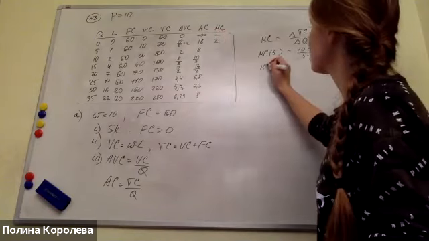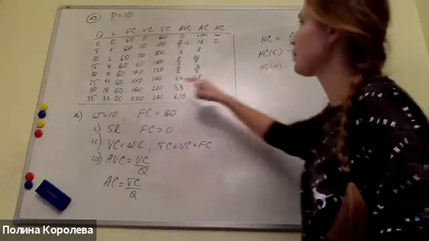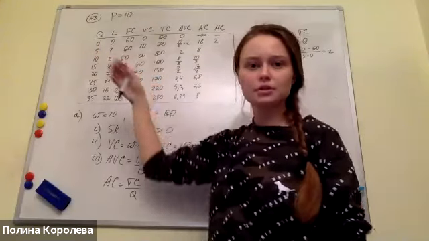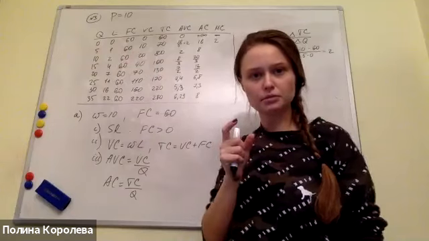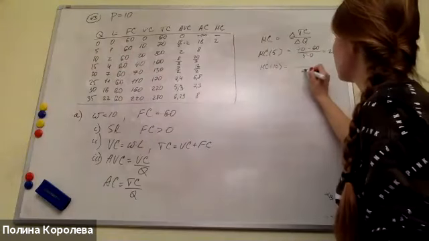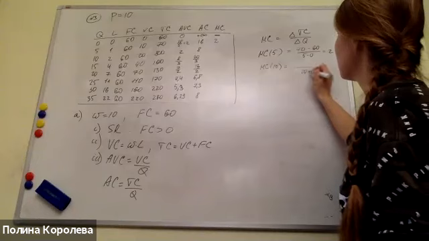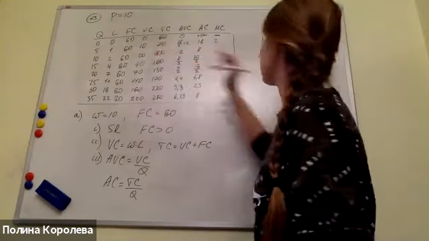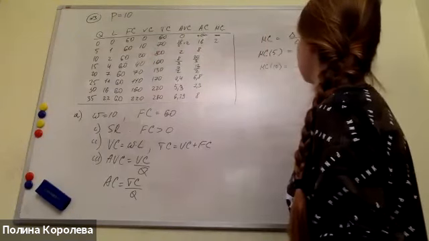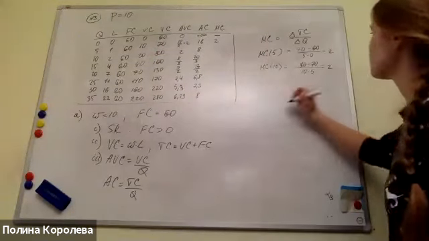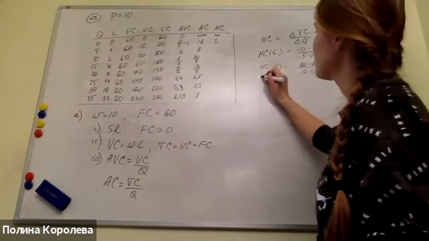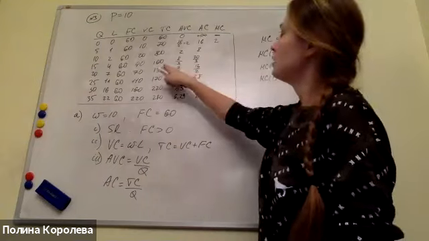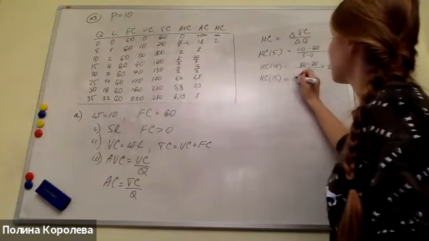Then let's calculate marginal cost at 10. The change in quantity from 5 to 10. So we should divide not by 1, but by 5. The change in quantity, 10 minus 5. And the change in total cost, 80 minus 70. It's also 2. Yes. Marginal cost when we produce 15. We now have costs 100.